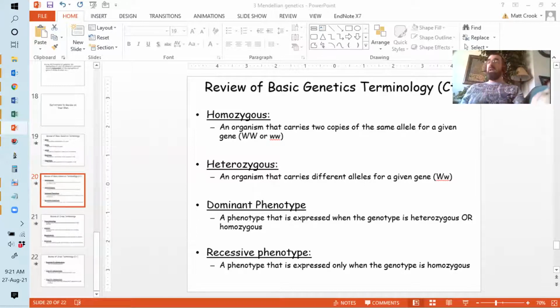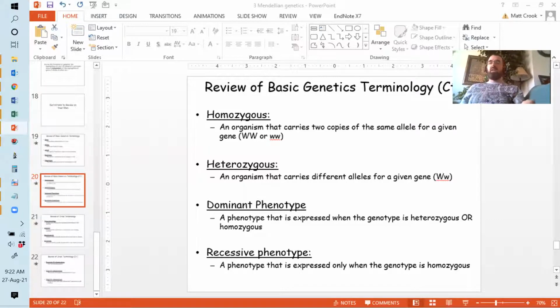The phenotype is what version of that trait you have. So brown hair, cystic fibrosis, etc. Right.